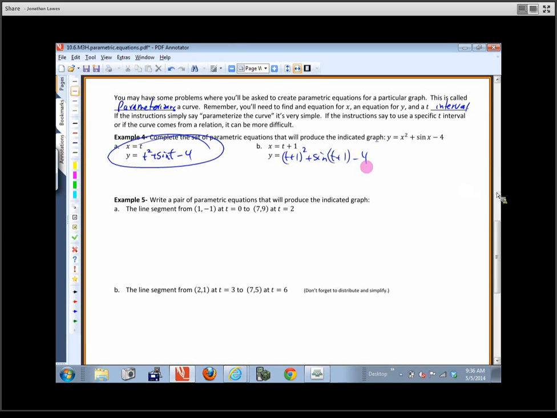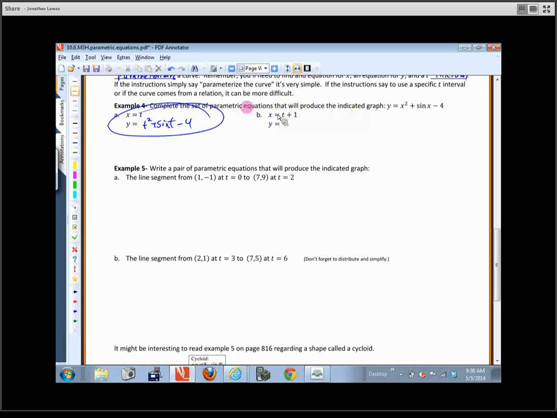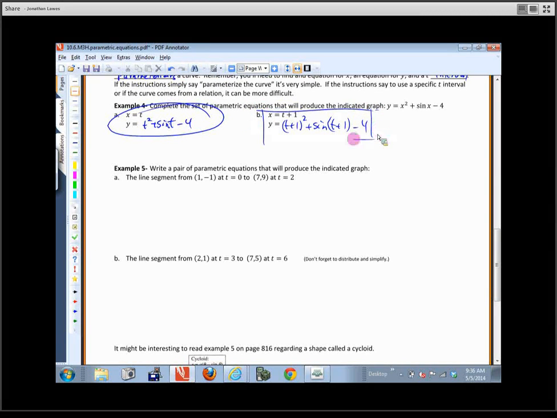And it's literally that easy. Now, they didn't specify what the interval had to be, so we can use any interval we want. On this one, you just assume that this is all real numbers. You can plug in any x value you want, so therefore you can plug in any t value you want. Any questions there?